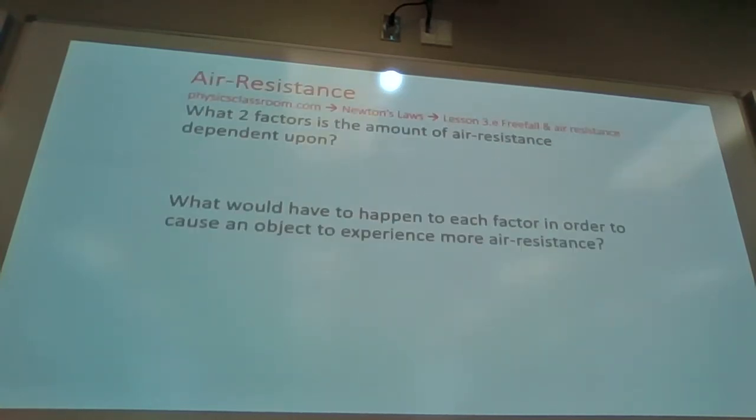To answer these questions, I want you to draw from your experience holding your hand outside of the car window. What two things would cause air resistance to increase? Spreading your hands apart.